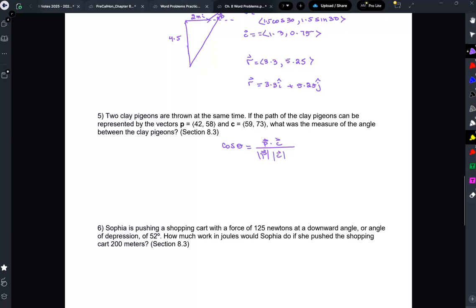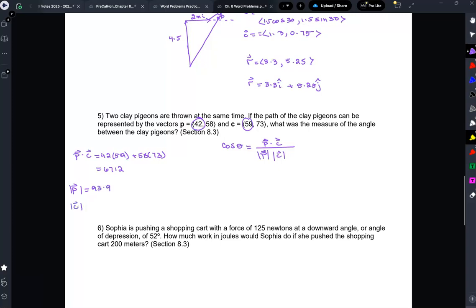So here, if I do P dot C, that's going to be 42 times 59 plus 58 times 73. That's 6,712. And then the magnitude of P is 93.9.